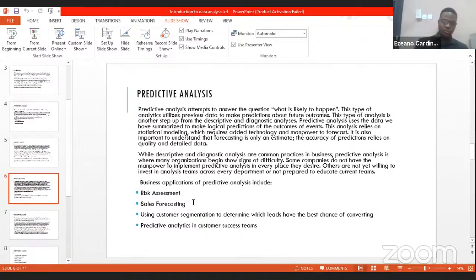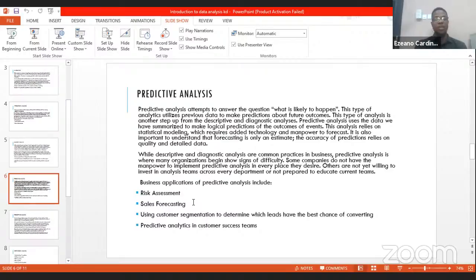So for this particular kind of analysis, called predictive analysis, to be very accurate, we would need more detailed data, which means most times predictive analysis has to do with a lot of data, because it has to do with the present and the past data.